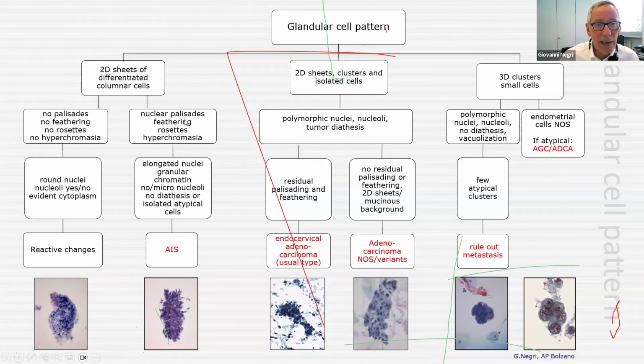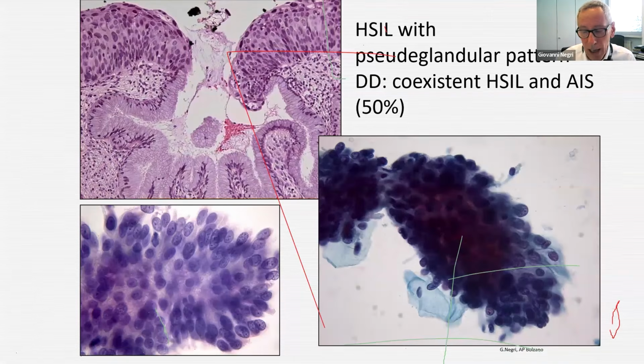If you see feathering, nuclear palisade, hyperchromasia, no tumor diathesis, no isolated cells, it's going to be an adenocarcinoma in situ. If you see the features of an adenocarcinoma in situ and isolated tumor cells, tumor diathesis, it's going to be endocervical cancer, invasive. And if you see only a poorly differentiated cancer, it's going to be an adenocarcinoma, not otherwise specified. And maybe you are going to need, or you can perform, if you want, also some additional tests.